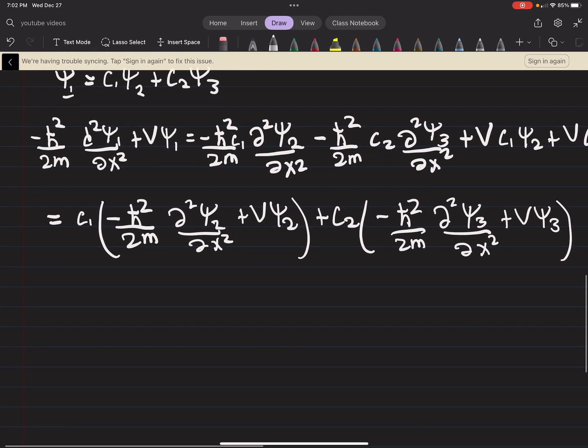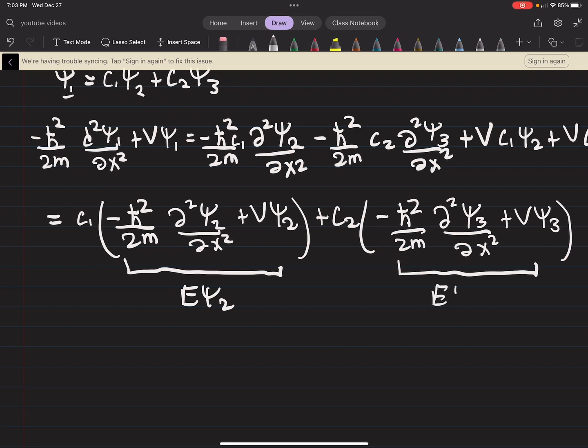Okay. And what is this? Well, this is just E psi 2, and this is E psi 3, because that's what Schrodinger's equation is.